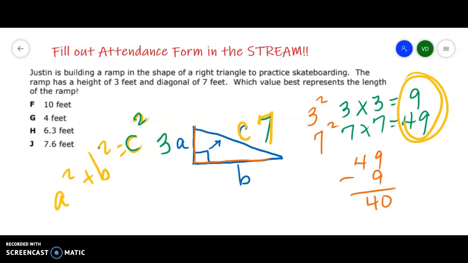And then now we can take the square root, because really this means that's my B squared. That's what I was missing right here. But I have one more step. Remember, our final step is to do the square root. So this is where we should have done the square root of 40 to get our B.